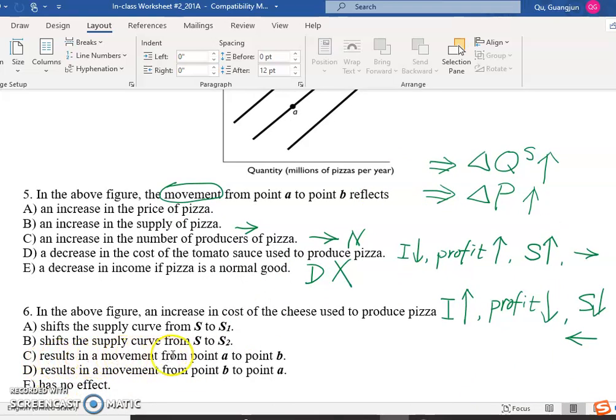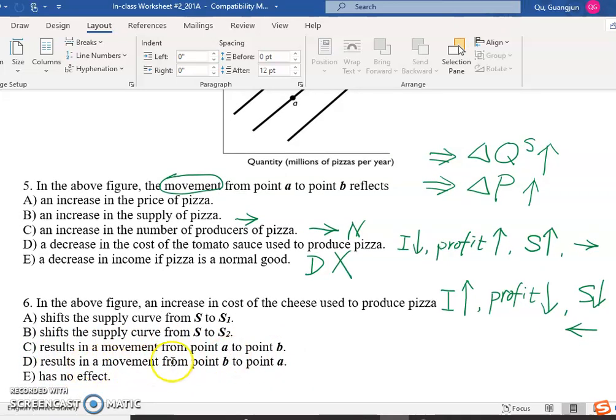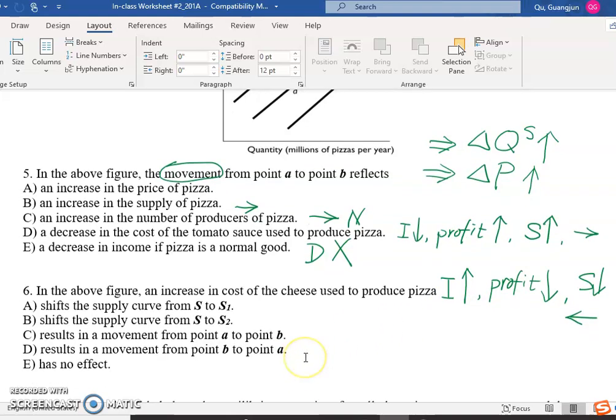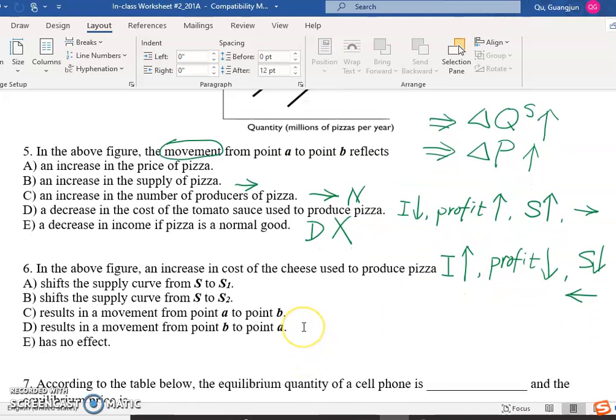Results in a movement from point A to B, that's C, or a movement from B to A, that is D. Both are incorrect because when the input cost changes, we're supposed to shift the curve instead of moving along the original curve. E, has no effect, of course, this is wrong.